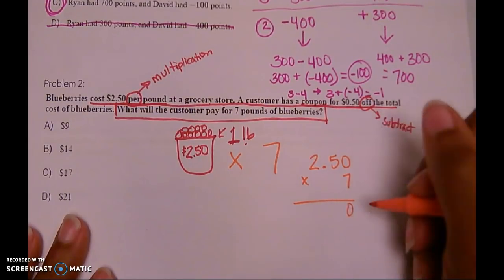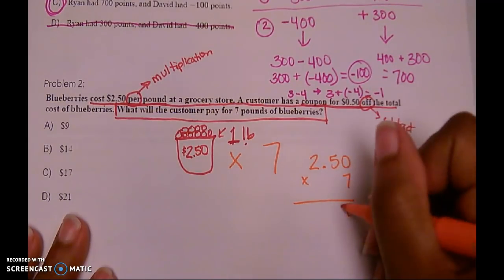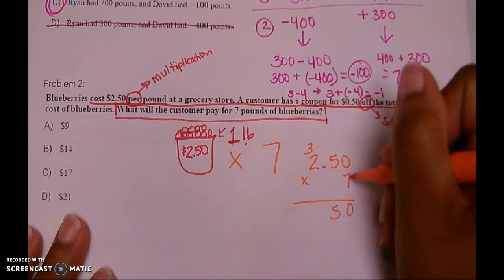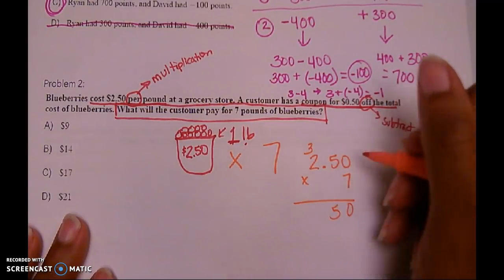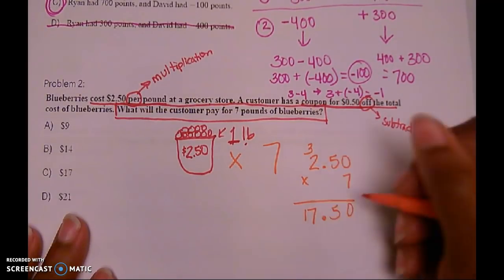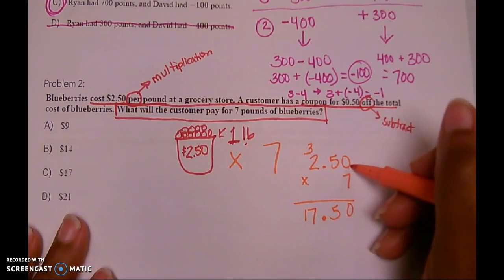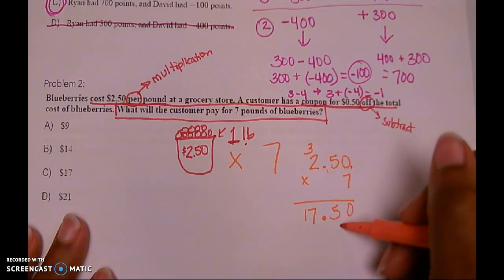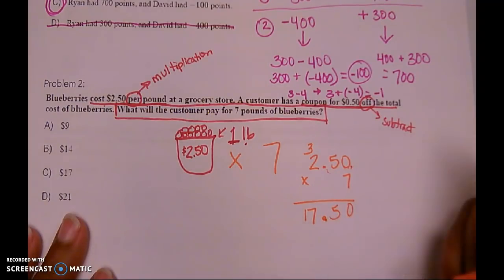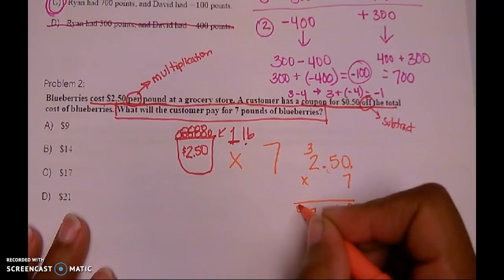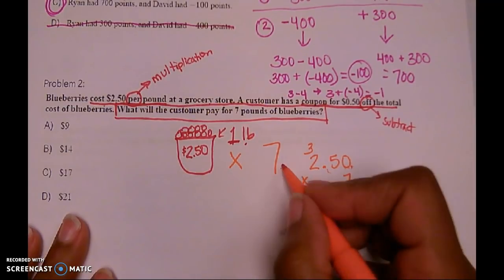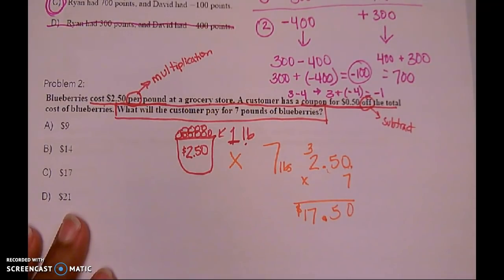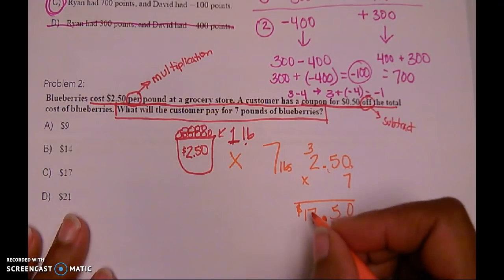I know that this is going to be 0. This is going to be 5. Carry my 3. This is going to be 14. 17. Bring down, well, excuse me, my decimal is 2 spaces over. So I'm going to go 2 spaces over here with my decimal. And so, for 7 pounds, it's going to cost $17.50.